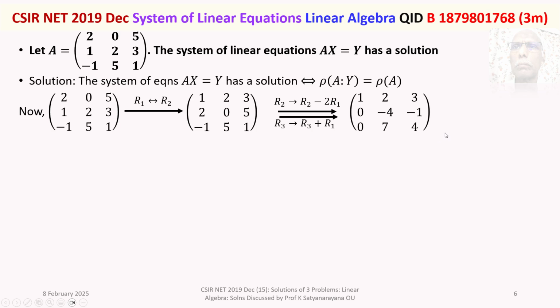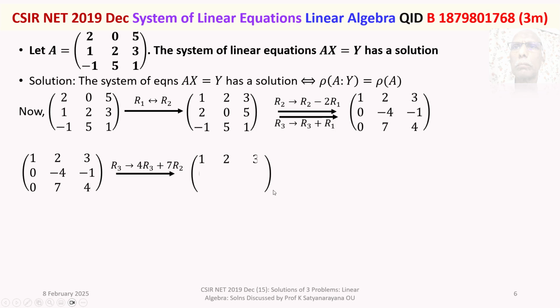Agreed. And we are interested in finding the rank of this one. Therefore, we perform such an elementary transformation in order to make this one 0. R3 is 4R3 plus 7R2, and thereby this becomes 0. And the resulting matrix is this one.